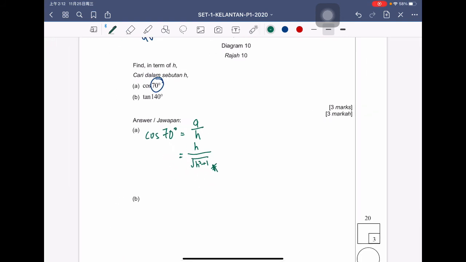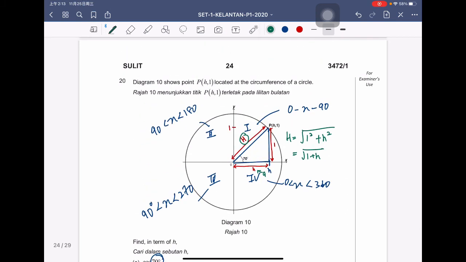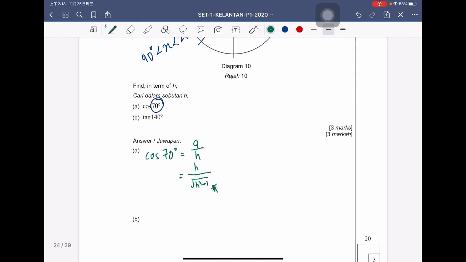So for question B, how about tangent 140 degrees? Can we find any information related to the angle of 140 degrees? No, right? The question only gives us information about 70 degrees, not 140 degrees.